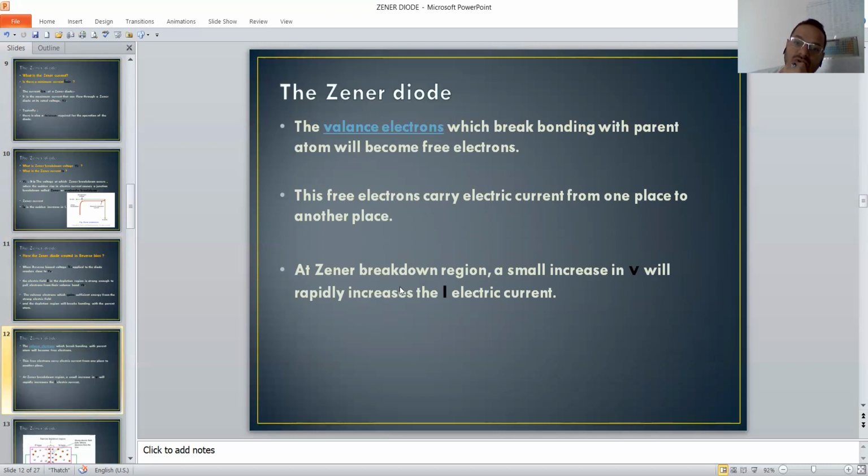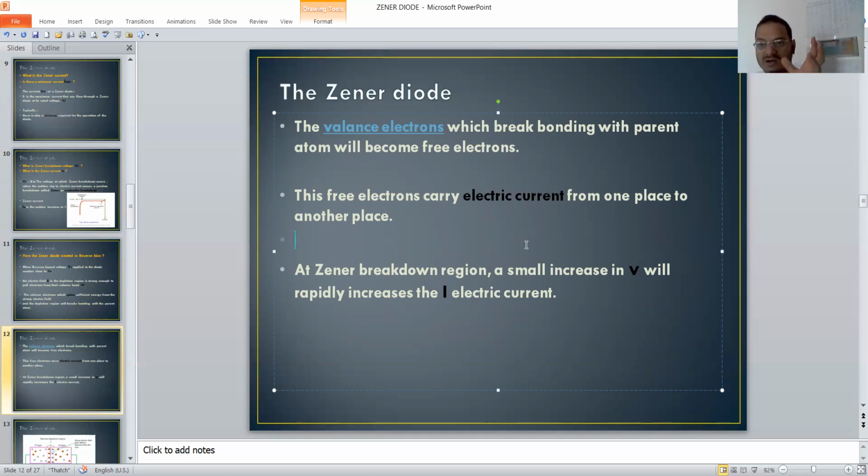Now the valence electrons which break bonding with the parent atom become free electrons. The free electrons carry the electric current from one place to another. That means the electrons are something like big cars that carry the electric current from one place to another.